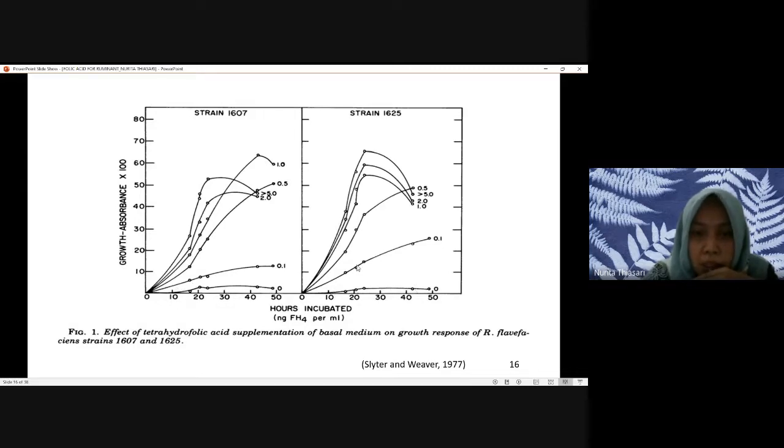And then if we increase the supplementation of the tetrahydrofolic acid, the growth of the bacteria becomes very high. Both of these experiments have a very high growth of bacteria compared with without the addition of the tetrahydrofolic acid. So we can see that the Ruminococcus flavifaciens, the cellulolytic bacteria, needs tetrahydrofolic acid for growth.